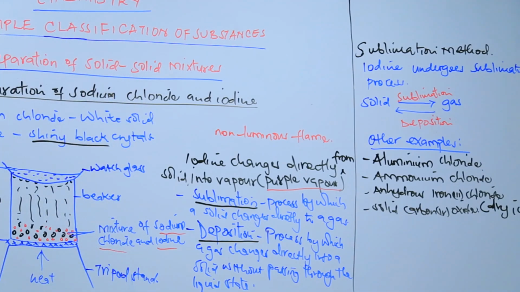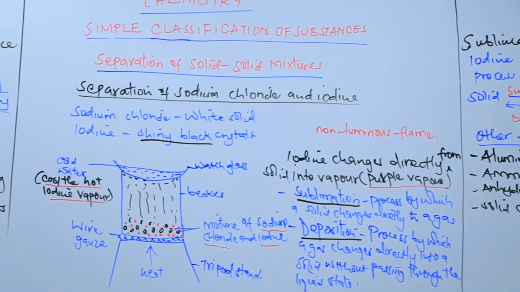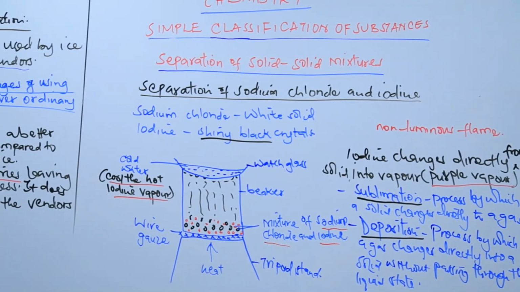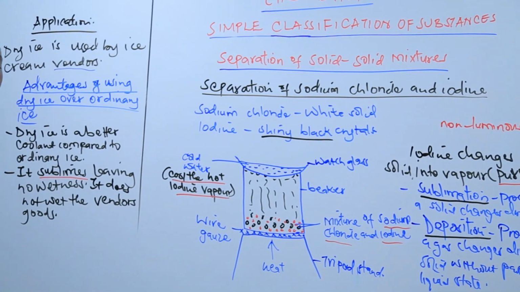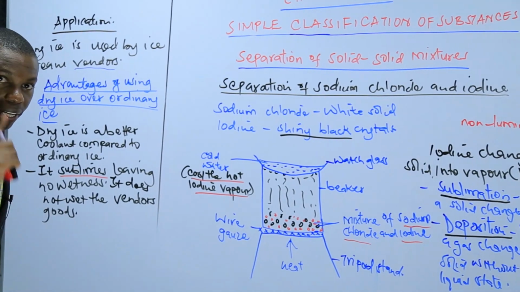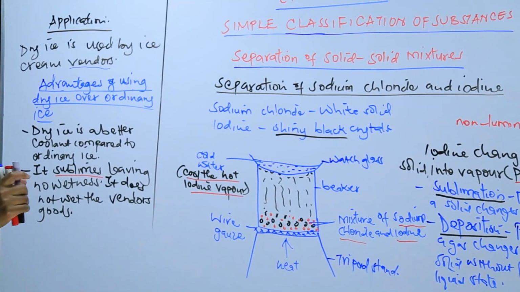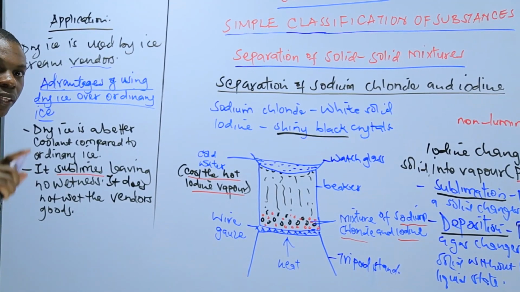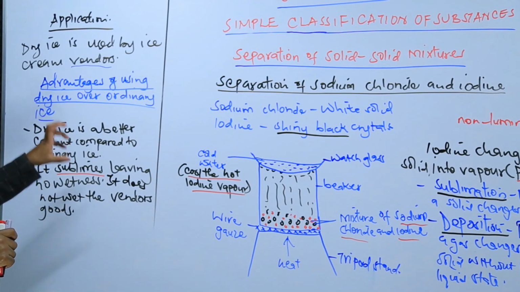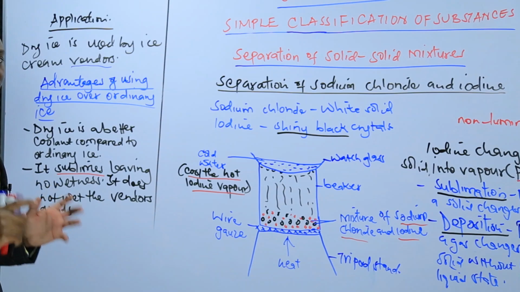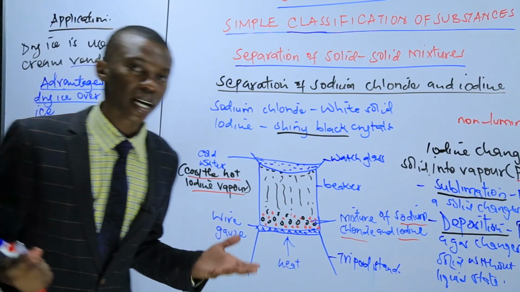Then we have looked at the application. I've told you that dry ice is used in cold boxes by ice cream vendors, and that vendors are just the people who are dealing with the selling of ice cream. Then again, we have discussed the advantages of using dry ice over ordinary ice.